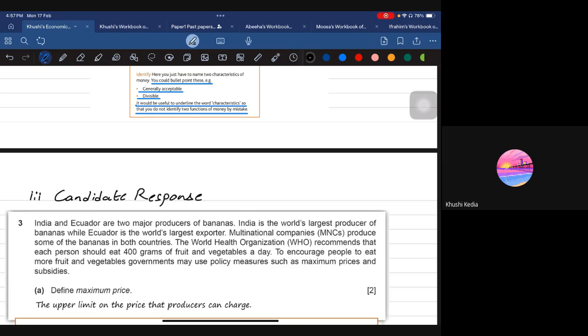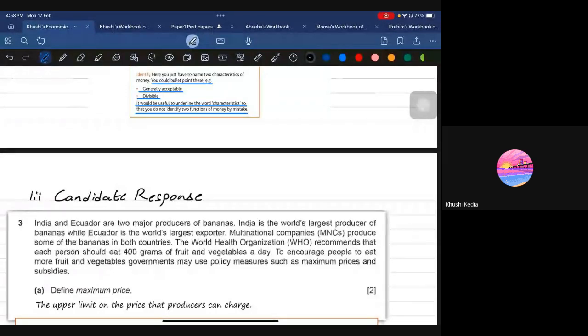Khushi, read the question, read the answer, and tell me how many marks you are going to give here. Okay. So 1 mark.